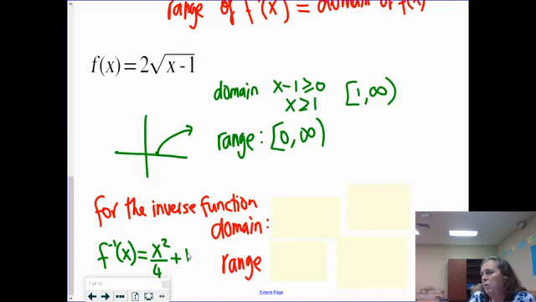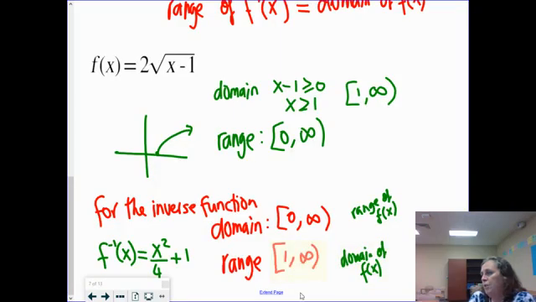It looks like its domain should be all real numbers, but it isn't. It has to equal the range of f of x. And the range of this is going to equal the domain of our original function, which was from 1 to infinity. It's easier to get it from here.